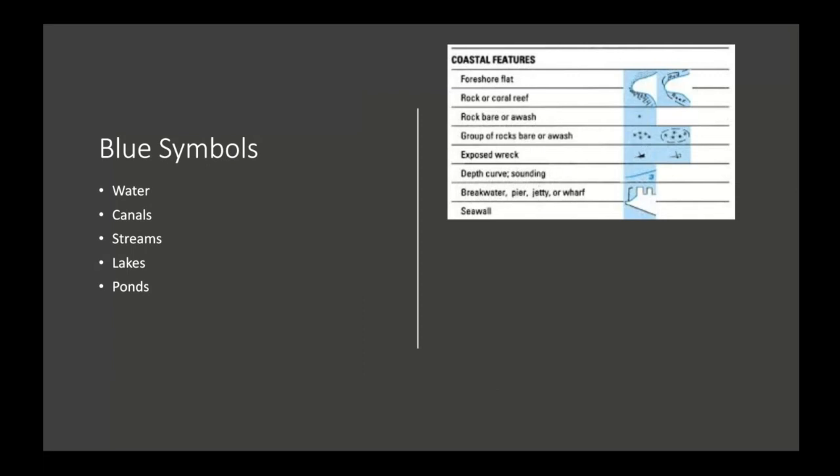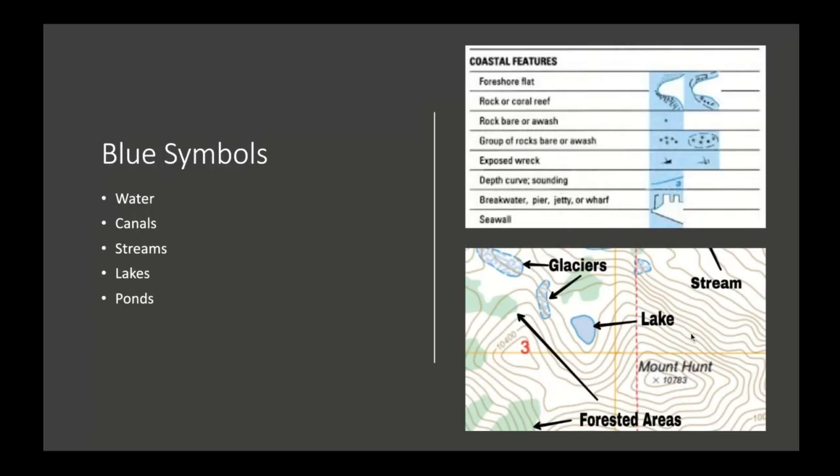As for the color blue, obviously this shows water features on a map, like canals, streams, lakes, or ponds. This top picture here is kind of interesting. Living in Wisconsin, we don't really have many coastal features. However, we will see exposed wrecks and wrecks under the water on maps of the Great Lakes around us.